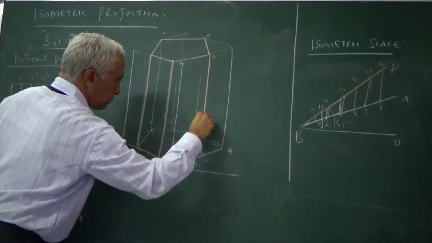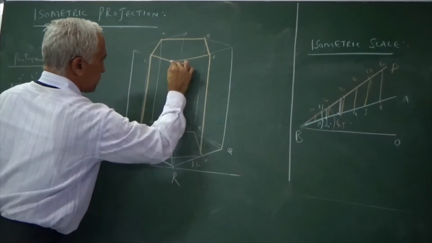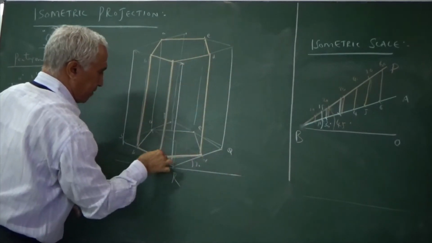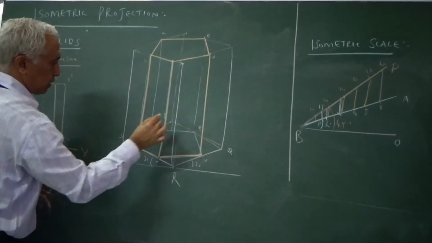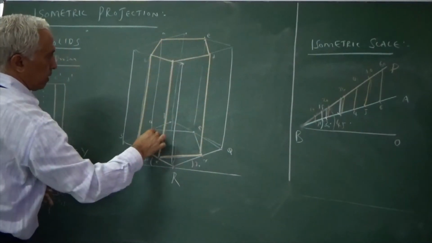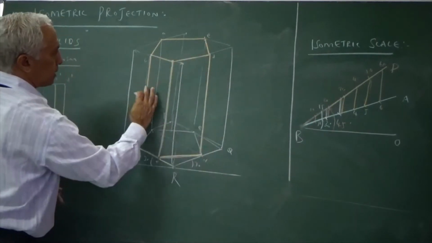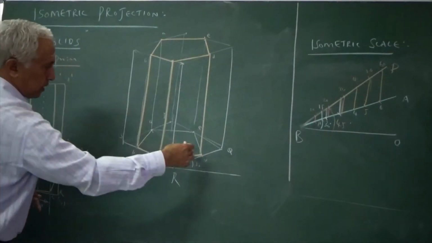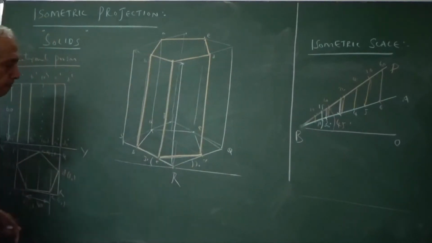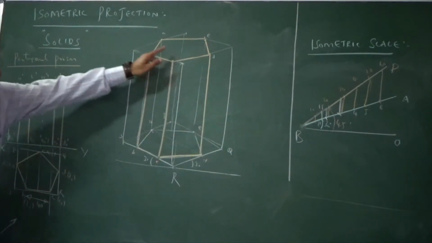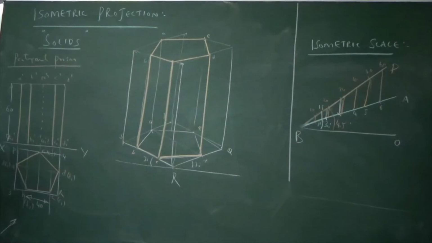D, that means CD, this D1, C1 face is visible. E and E not visible, A and A not visible. So I can see two rectangular faces, the remaining D to E, E to A, A to B not visible. So this is the iso projection of a pentagonal prism.